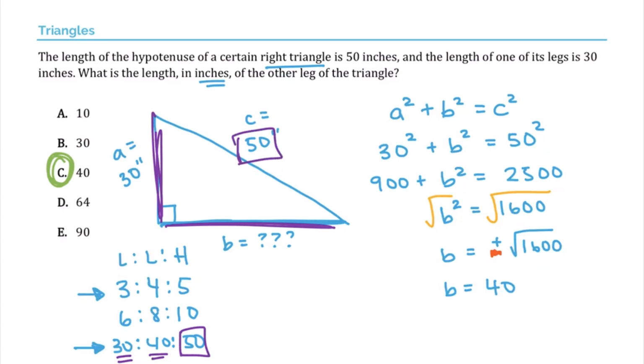So in this question, once you saw a leg of 30 and a hypotenuse of 50, if you remembered your Pythagorean triplets, you would immediately know that that missing leg was 40. If you don't know your Pythagorean triplets, that's okay, because of course you can just solve using Pythagorean theorem. It just takes a little bit longer.